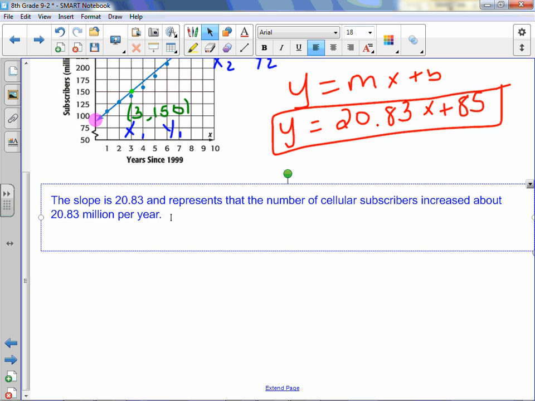Now the y-intercept is 85, which represents that in 1999 there were about 85 million cellular subscribers.